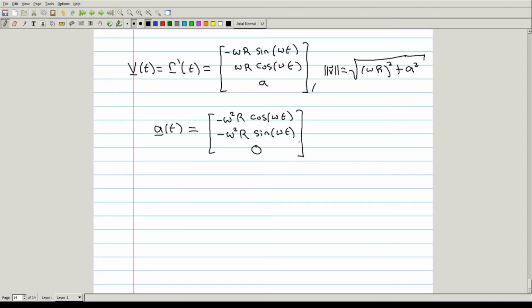And so you'll recall from chapter 6 that the cross product of v with a can be computed using a nice computation technique.